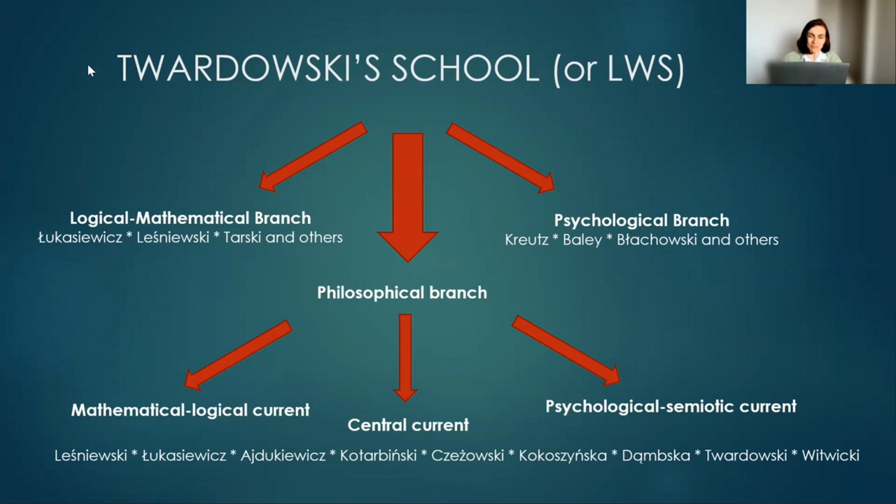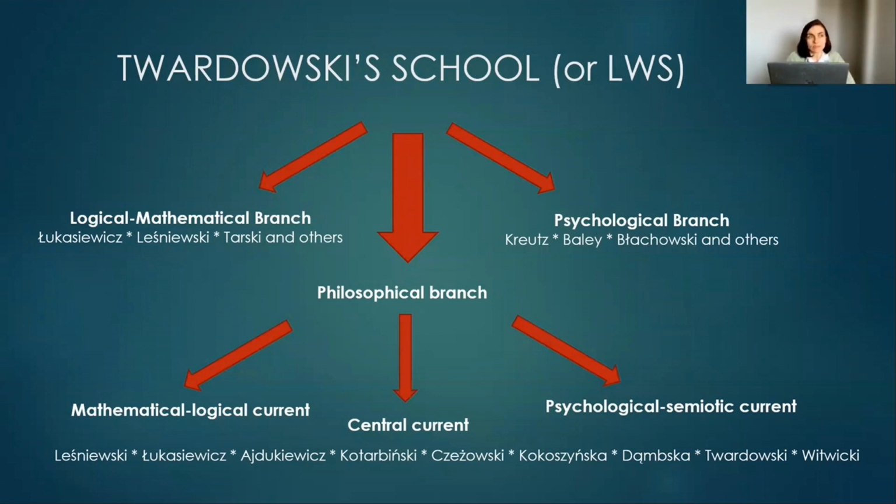Well, the most important branch of the school was, of course, philosophical. So this center branch, because the school of Twardowski was first of all a philosophical school, but together with Łukasiewicz, then Leśniewski, and in Warsaw also Tarski and their students, there was this important logical mathematical branch about which I guess that Professor Jan Woleński talked last week.